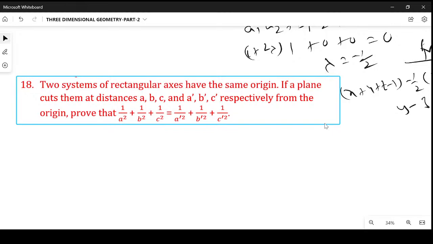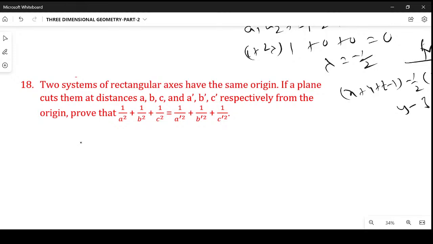They are given two systems of rectangular axes with the same origin. If the plane cuts these distances, then one plane equation I can write is x by A plus y by B plus z by C equal to 1.